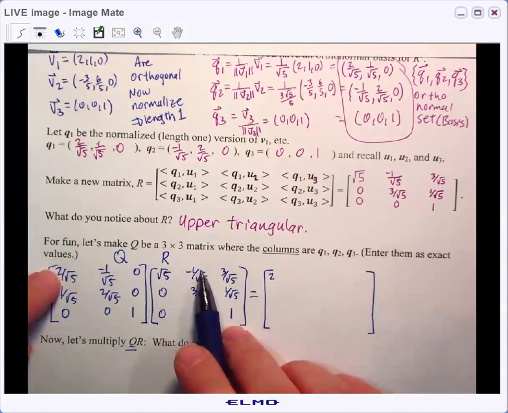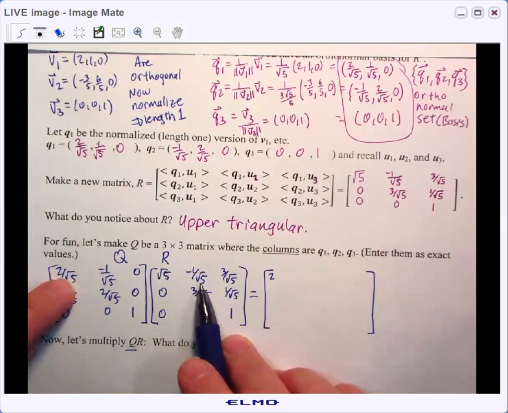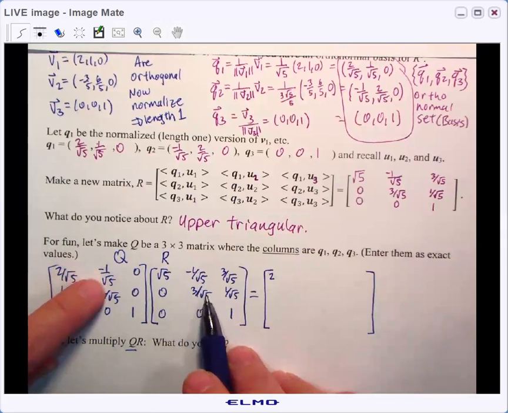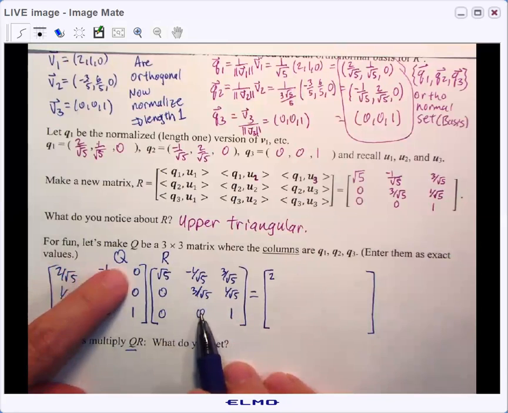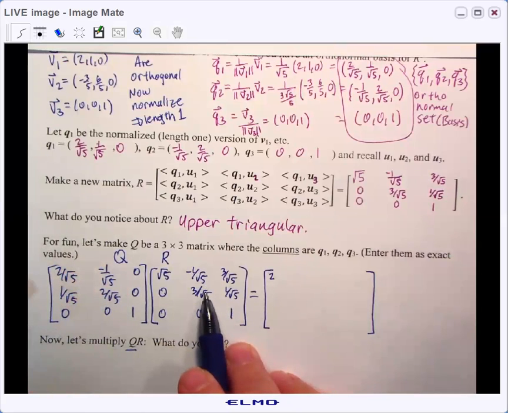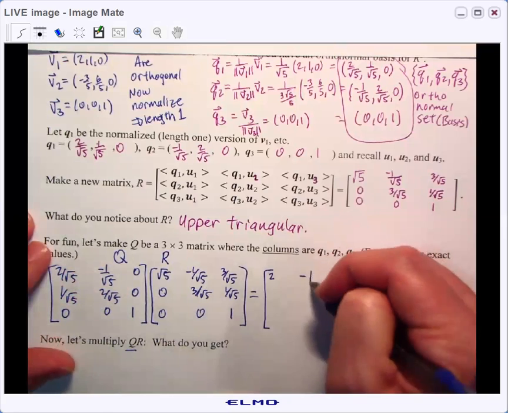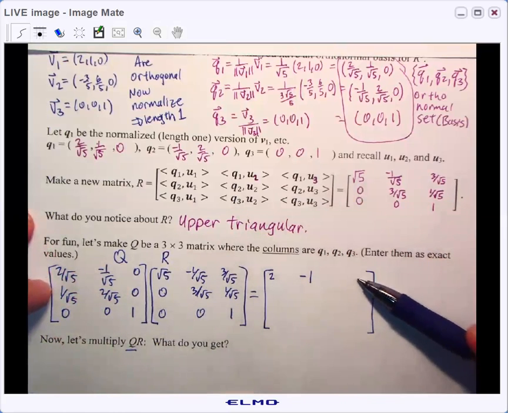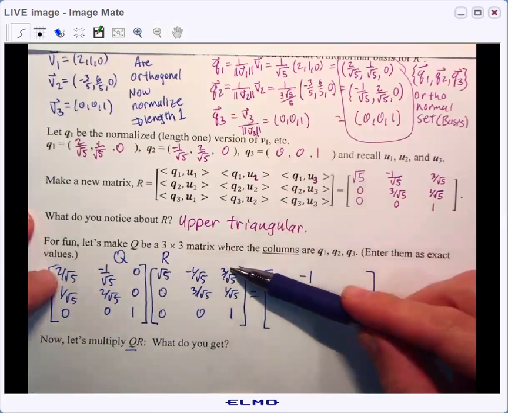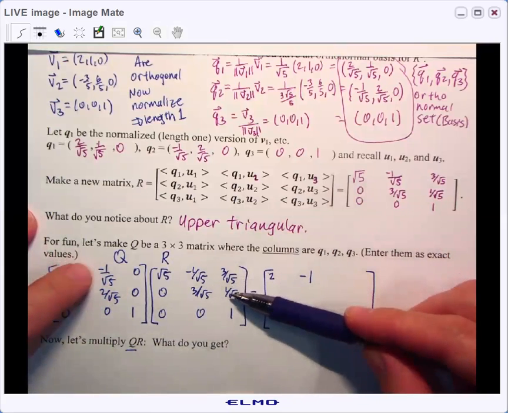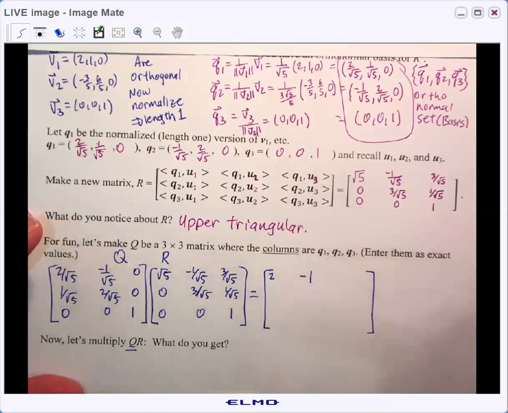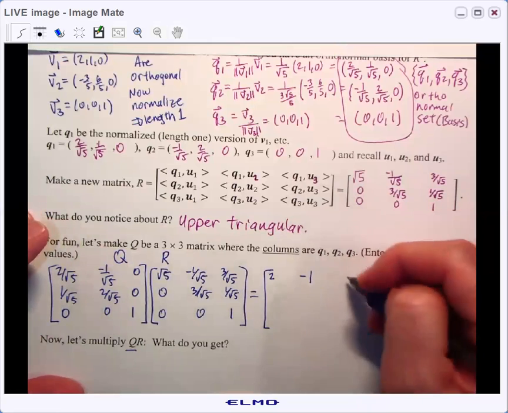We'll get negative 2 fifths minus 3 fifths, and negative 2 fifths minus 3 fifths, plus 0, of course, is going to be negative 1. And let's finish off this first row. We've got 6 fifths minus 1 fifth plus 0, and 6 fifths minus 1 fifth plus 0 is 1.